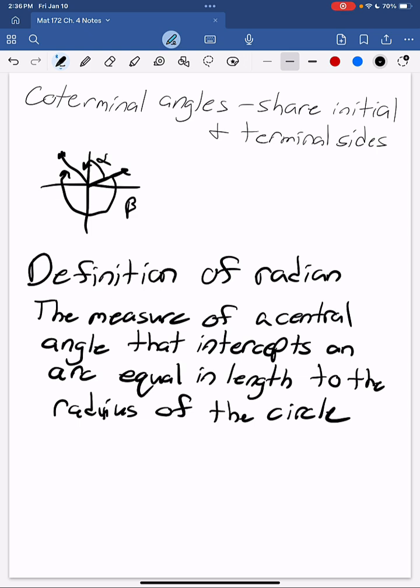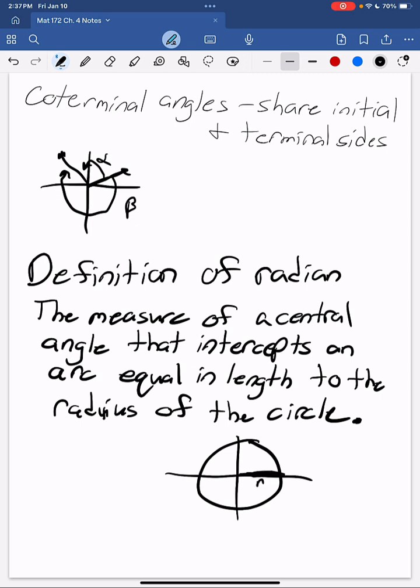So, what does that mean? Okay. So we have a circle, but I'm going to draw it on a coordinate grid here. So we have this circle, okay, and it has a radius of this far, right?